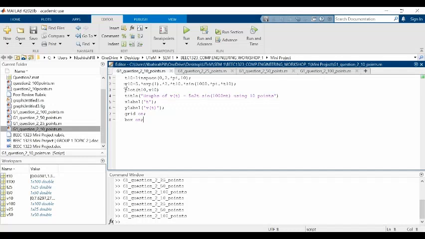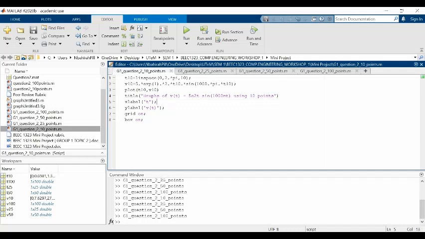The reason I'm using v10 and t10 is to show that we want to plot the function graph using 10 points. Next, line 3 is to plot the graph. t10 is the x-axis, v10 is the y-axis.